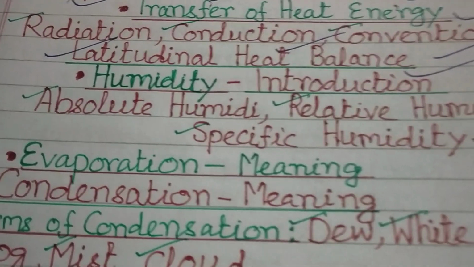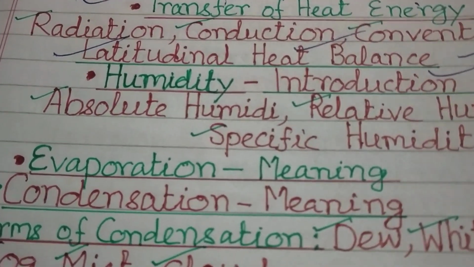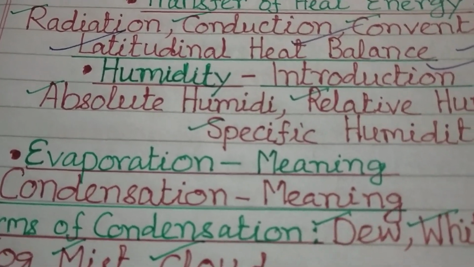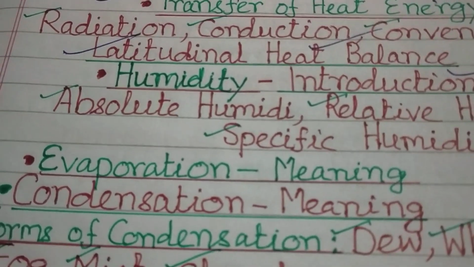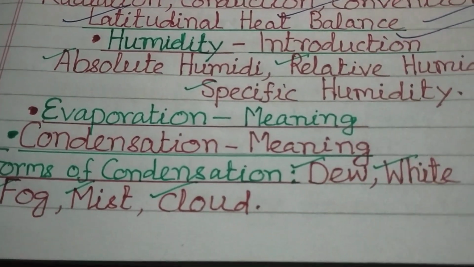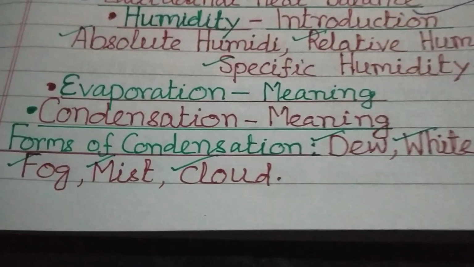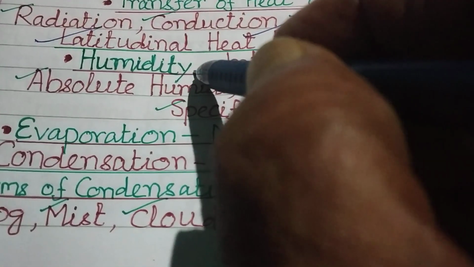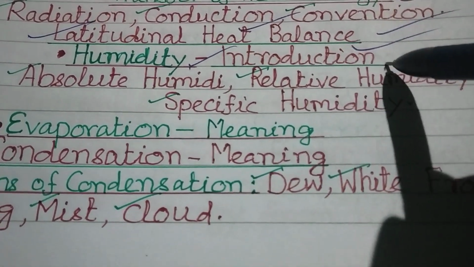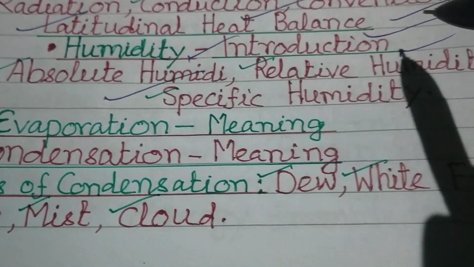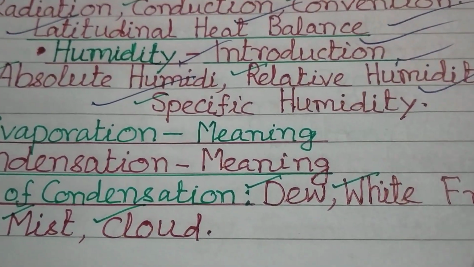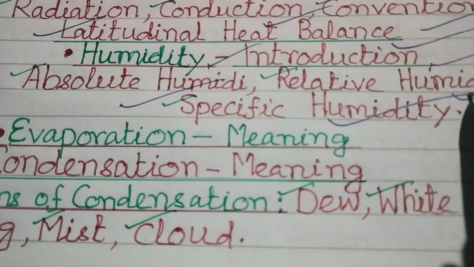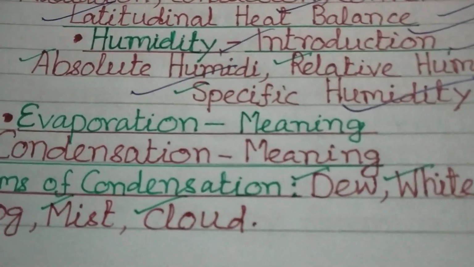Latitudes. So now we'll discuss the next important aspect relating to temperature, and that is humidity. So what exactly does humidity mean? The introduction and the types of humidity, as absolute humidity, relative humidity, and specific humidity, we will discuss.